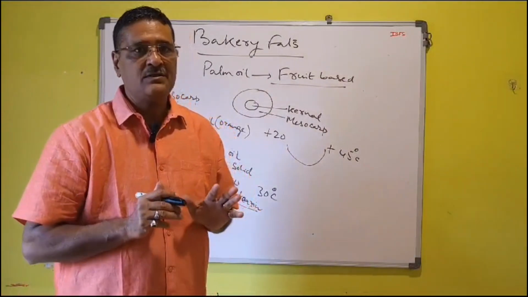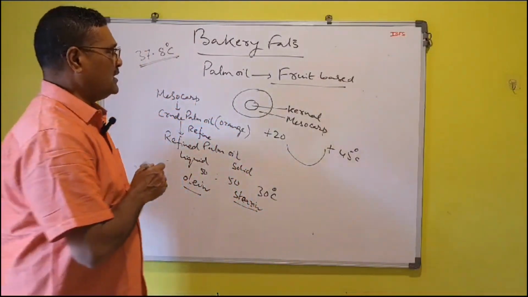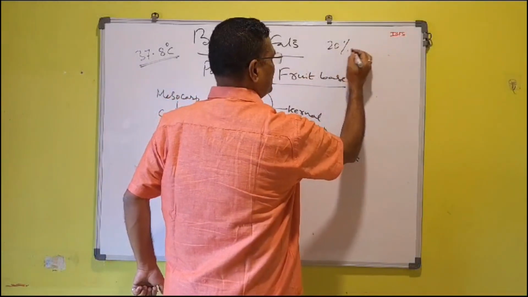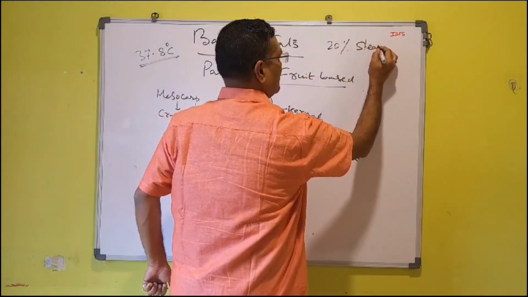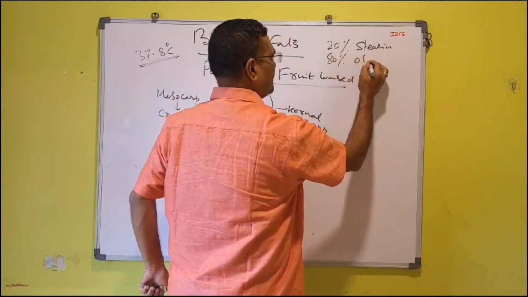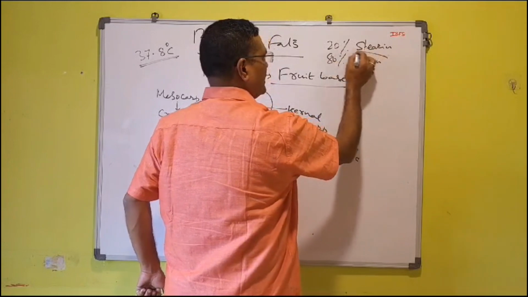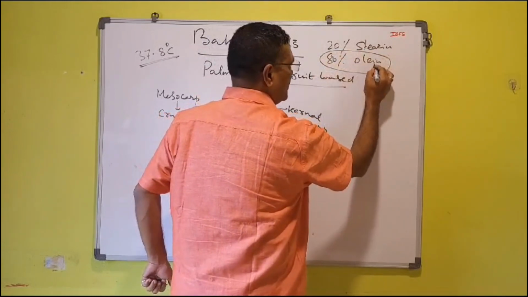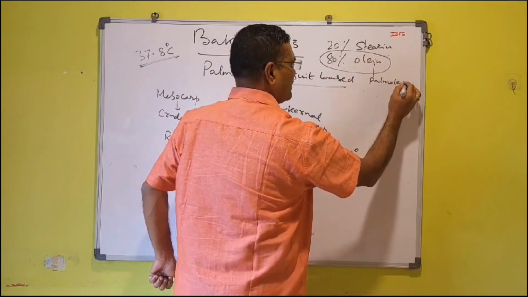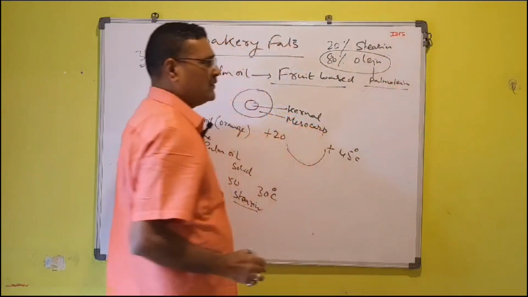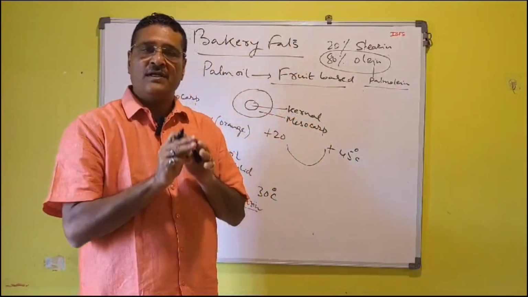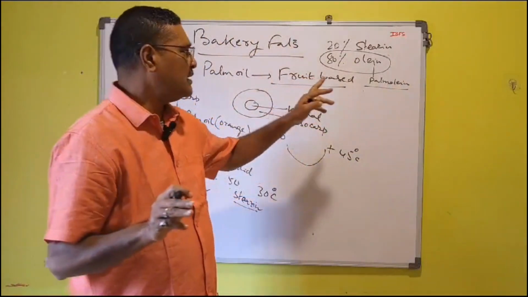The answer is no. On an industrial scale, we get 20% stearine and 80% olein. This 80% olein is called palm olein, which is used by the frying industry. All the industrial frying is happening with palm olein.